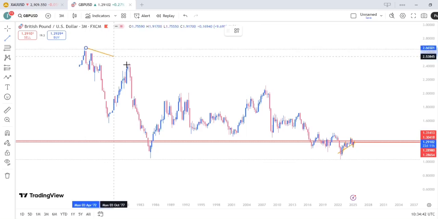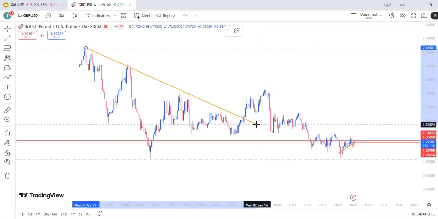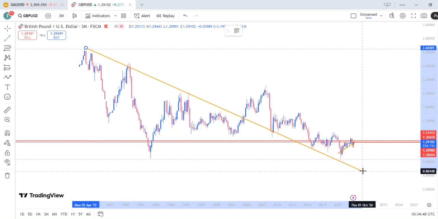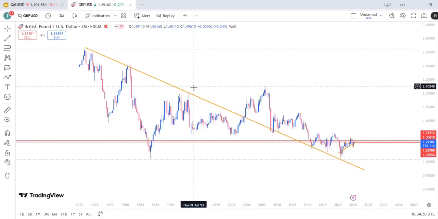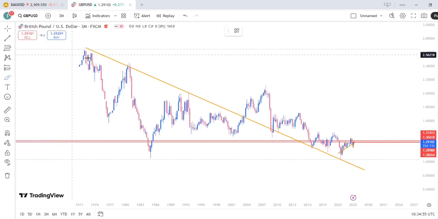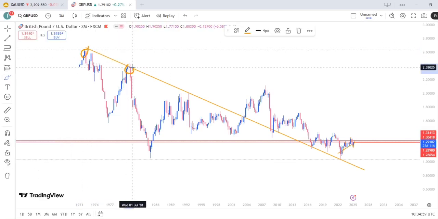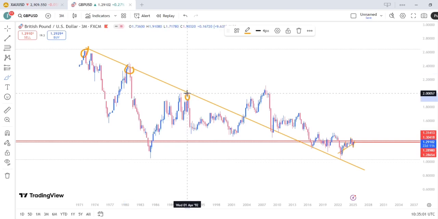Okay, so now we will draw our trend line from here straight all the way down. Okay, so now how did we make this a trend? Now we have a point connecting here, another point connecting here, another point connecting here.